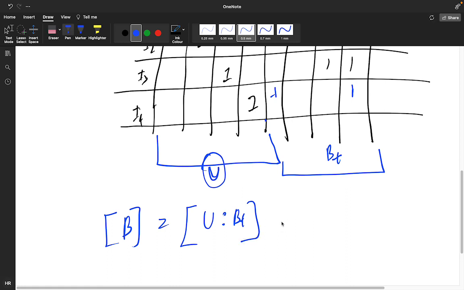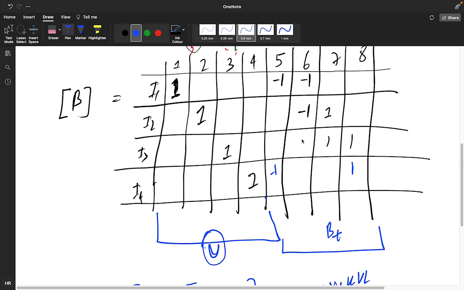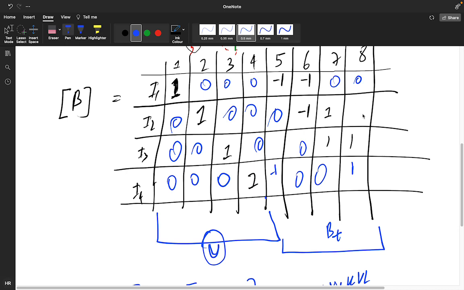Okay. So from this we will get the KVL equations. So we can use KVL from the tieset matrix. So what is the U matrix? The U matrix is this one, and wherever nothing is present, it's 0 0 0 0 0 0 0 0 0 0 0 0 0 0.